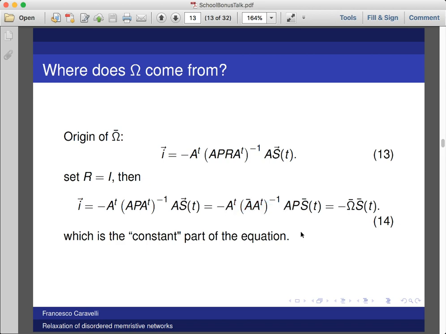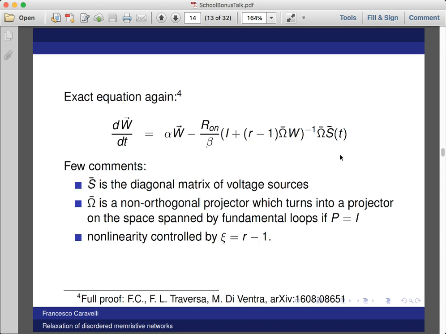Again, for details of how this equation is derived, if you're interested in this, there are some introductory papers at the end of this slide. But given this exact equation, you can try to infer some properties of the dynamics of the memristors.